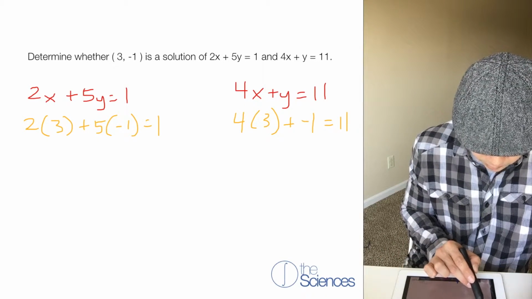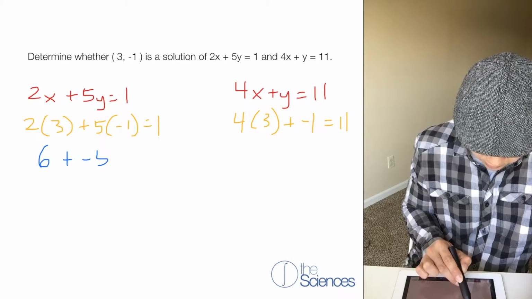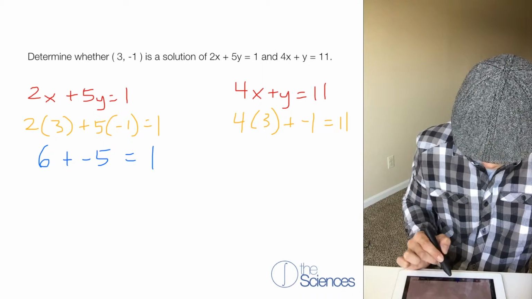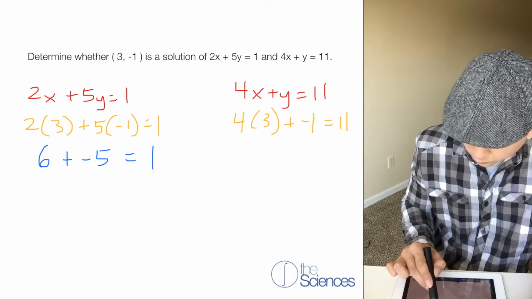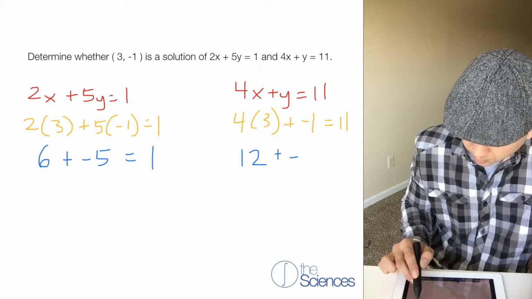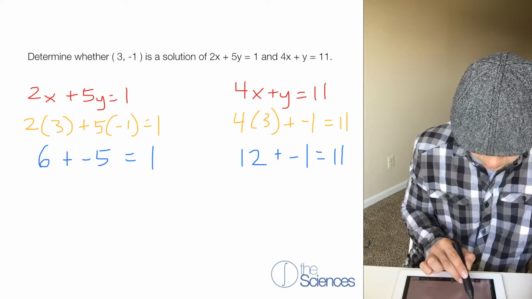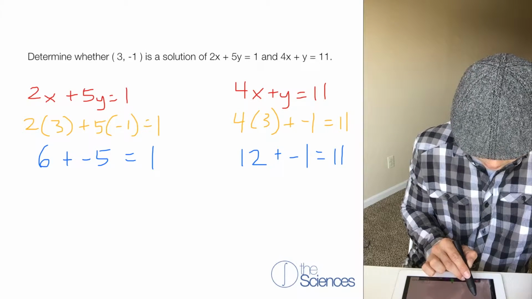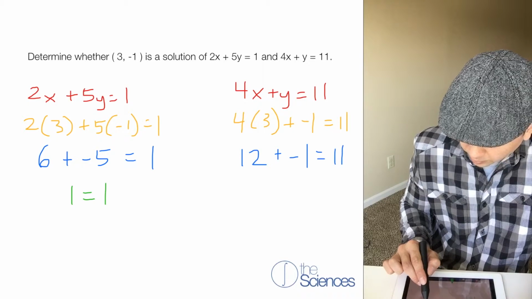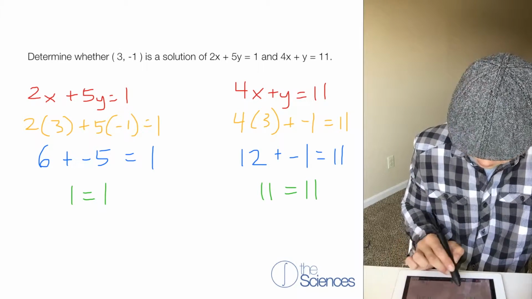So 2 times 3 is 6, plus 5 times -1 is -5, equals 1. And then here we have 4 times 3 is 12, plus -1 equals 11. So 6 plus -5 is 1, equals 1, and 12 plus -1 is 11, equals 11.